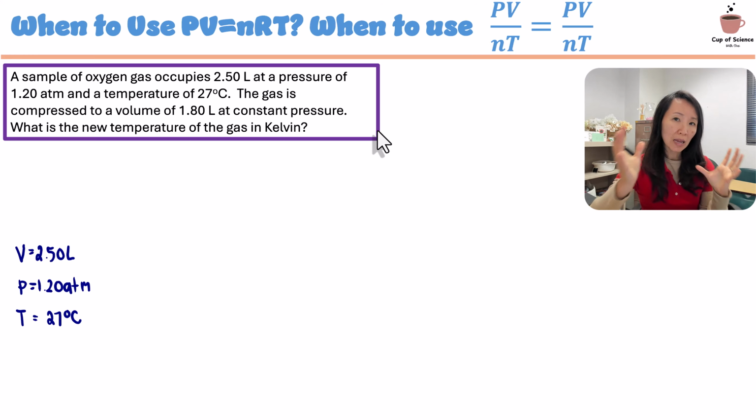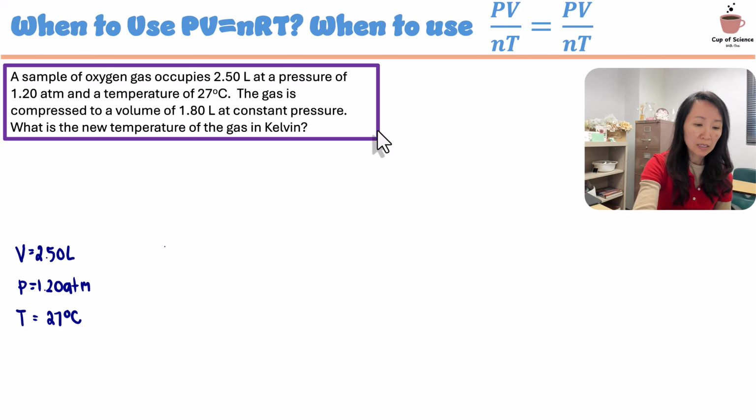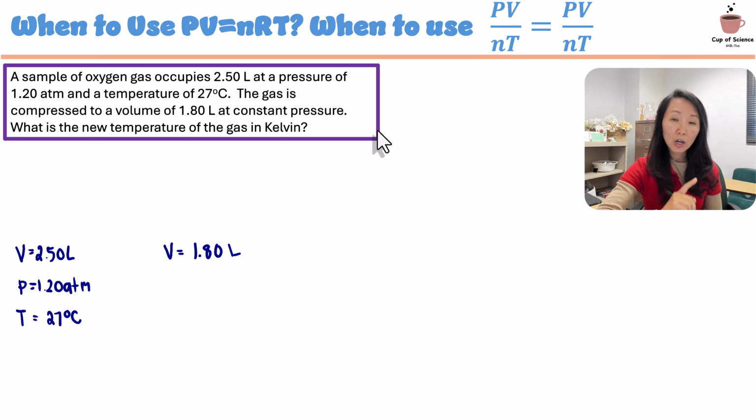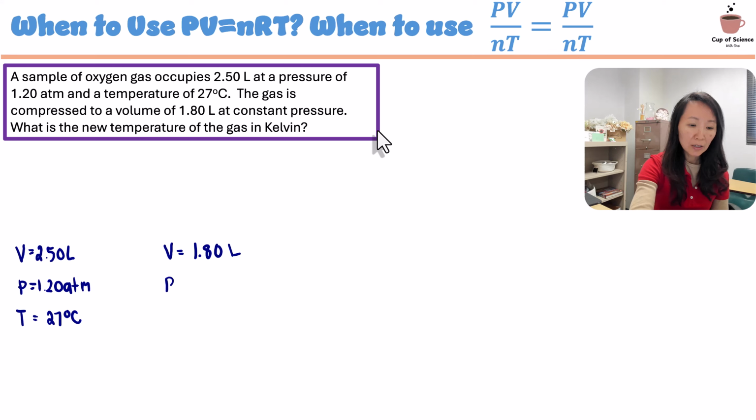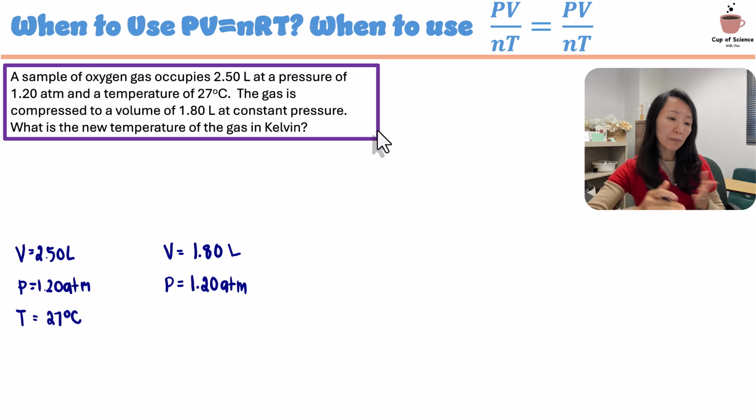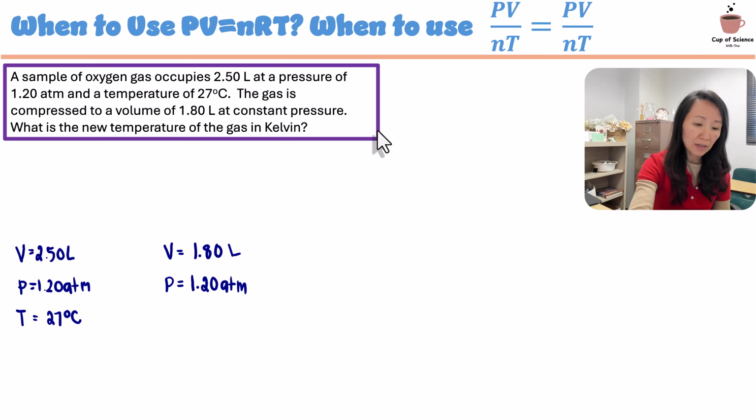So volume has been diminished, and I have a second volume of 1.80 liters at a constant pressure. If it's a constant pressure, the pressure is still 1.20 atm. The question asks, what is the new temperature of the gas in Kelvin? So here's my second temperature, and I put a question mark.